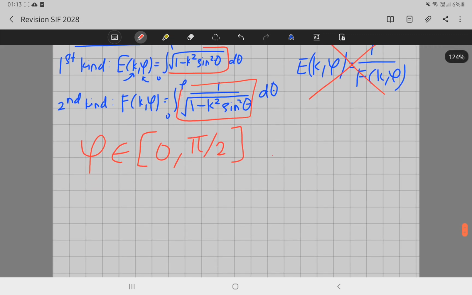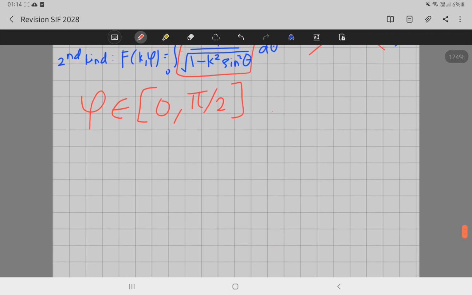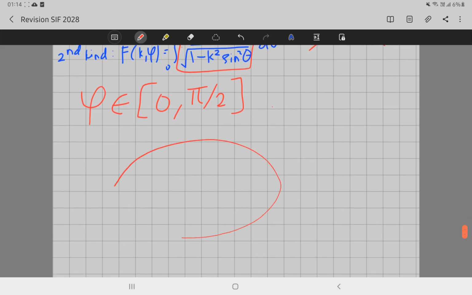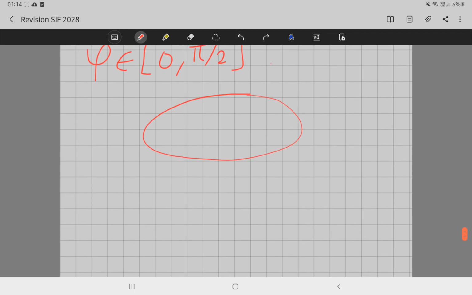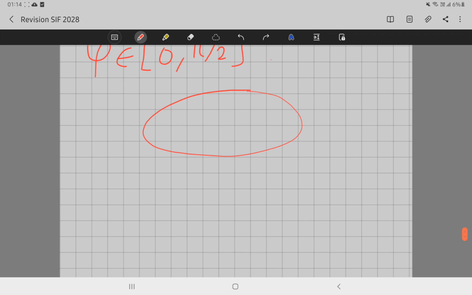Basically this elliptical function is derived from the ellipse. So this is an ellipse, with a general equation of, for example, ax square plus by square equals r.